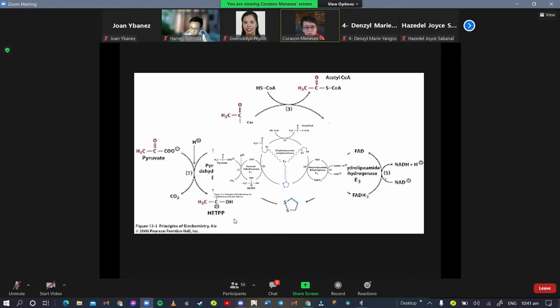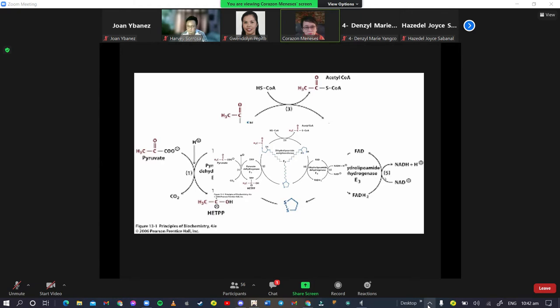Okay, so there are actually 3 enzymes and 5 coenzymes, but their action is to convert pyruvate to acetyl-CoA.